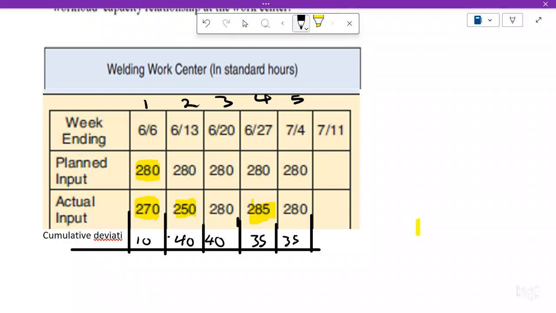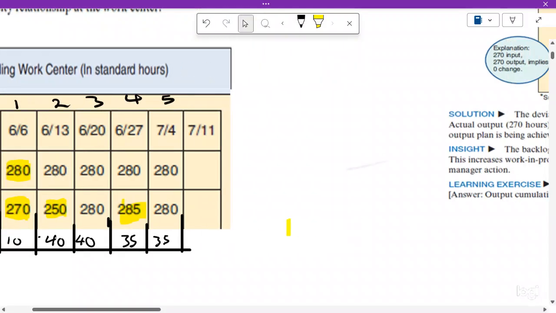Can you verify this according to the textbook? I'm feeling that we might have said 80, because usually we say actual minus planned. So this one is changed. Can you please verify it? Under chapter 16, I think. Actually, it's here.